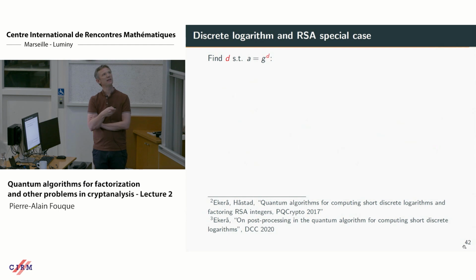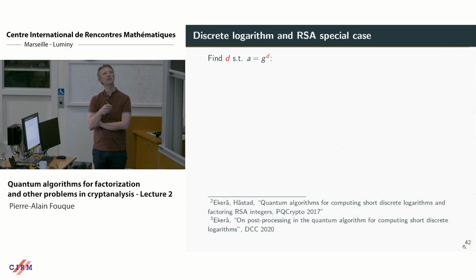The idea here is to come up with a periodic function. So we have a two-dimensional function, and the value that we compute is G to the X times A to the minus Y. Here it's just the inverse of A to the power Y. X and Y here are two integers, and then if I replace A by this value, you can always write this value in base G.